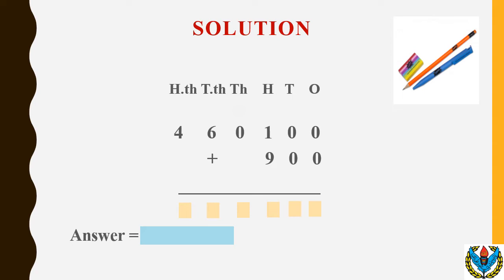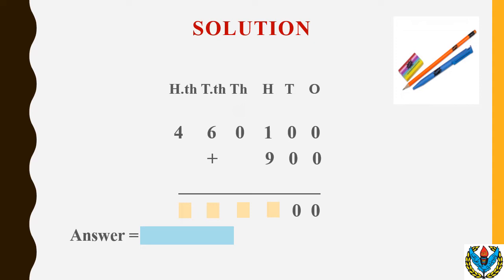Next, by adding them from the right side, means from the ones column. In the ones column, the numbers are 0 and 0. By adding them, 0 plus 0 is equals to 0. Next, in the tens column, the numbers are 0 and 0. And 0 plus 0 is equals to 0.